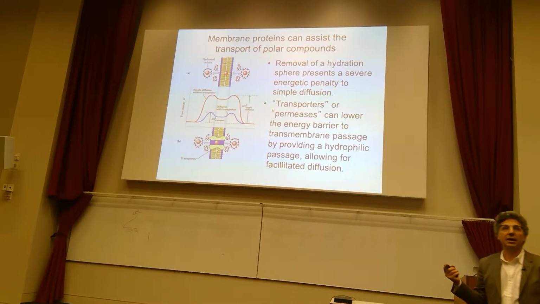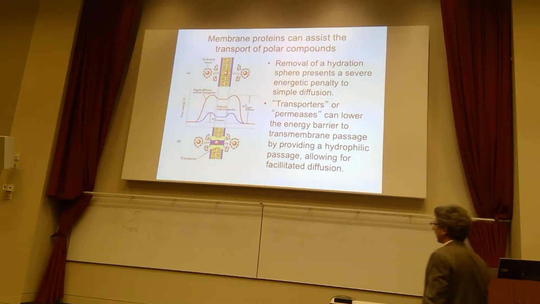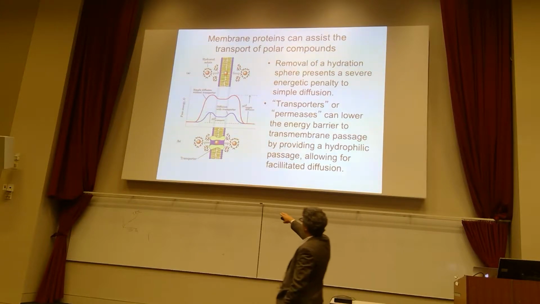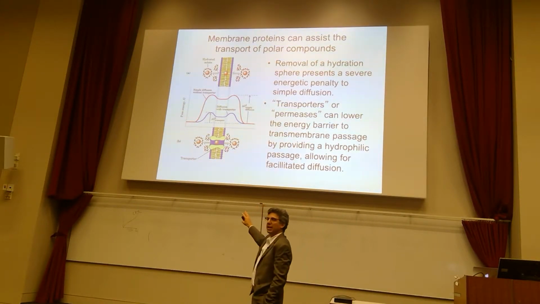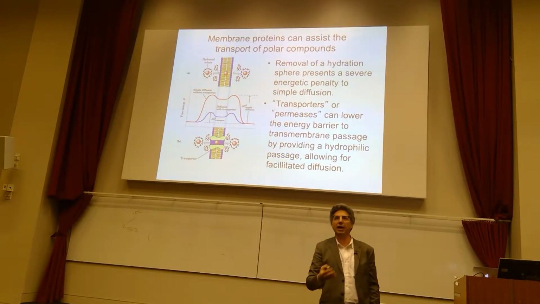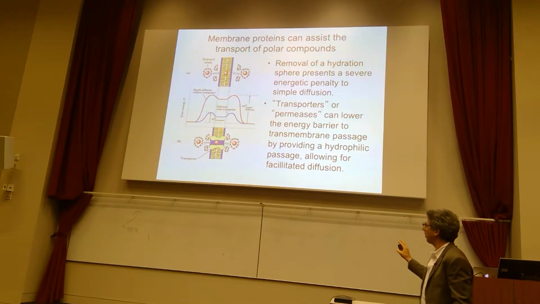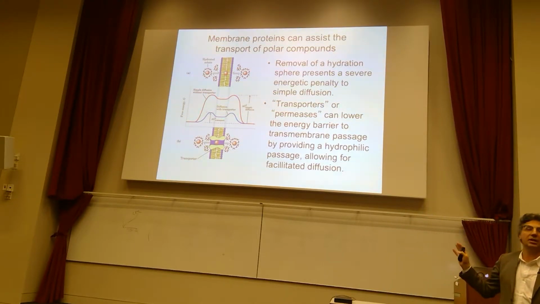And just like any other event within the cell that has a very high energy barrier and the cell wants to be able to speed these processes up, proteins can be brought into the picture to facilitate these kinds of events. So down at the bottom, if we just embed a protein within the middle of that lipid bilayer environment, that provides a much lower energy way to transition that polar molecule from one side to the other.